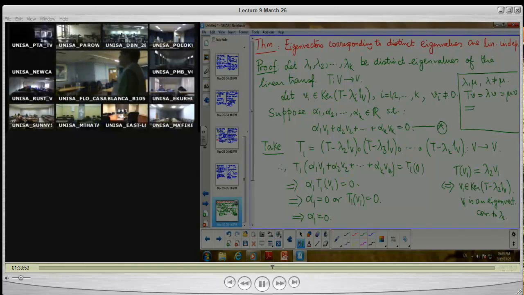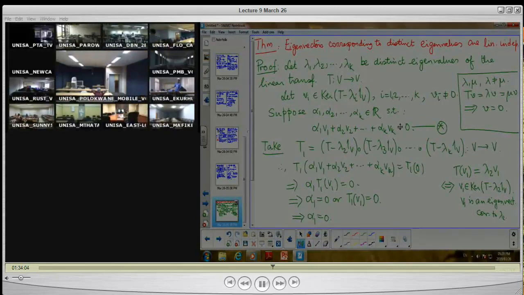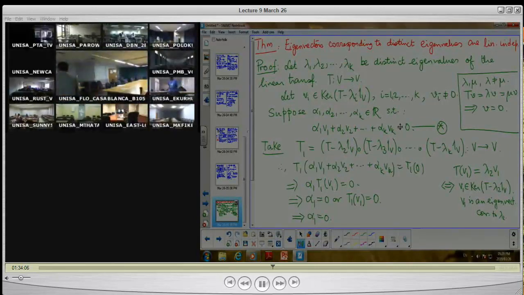It's very simple. If V is an eigenvector for both lambda and mu, then you have this. So lambda minus mu times V is 0. But you have told me that it is an eigenvector, so it's non-zero. So lambda must be equal to mu, therefore.